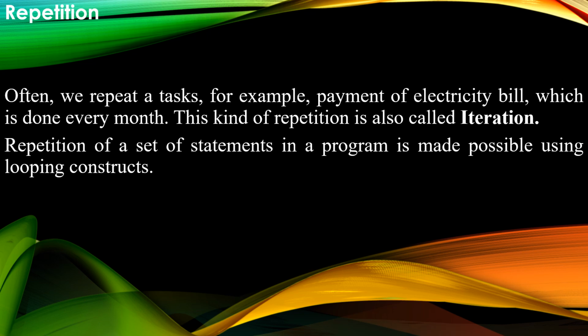Another example might be displaying your name n number of times, displaying the sum of the first n natural numbers, displaying the first n natural numbers, displaying even numbers among the first n natural numbers, displaying odd numbers among the first n natural numbers, finding the sum of the digits, and finding whether the given number is a palindrome.